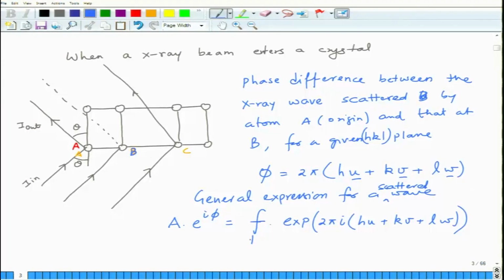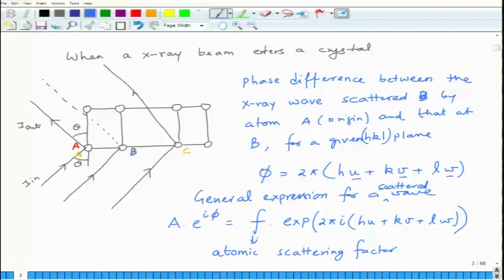Where F is a factor which is called the atomic scattering factor. F will determine the amplitude, how much the wave is scattered, determined by the type of atom, whether it is a heavy atom, a light atom, or a medium atomic weight atom. So, this will determine the amplitude and this will determine the phase difference.